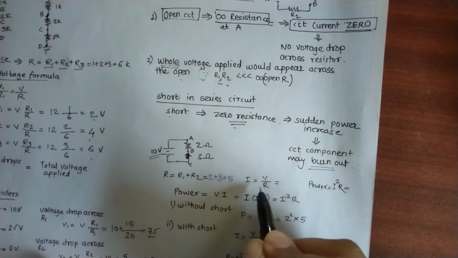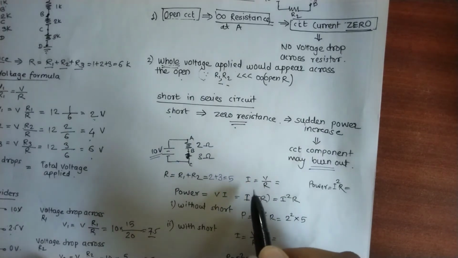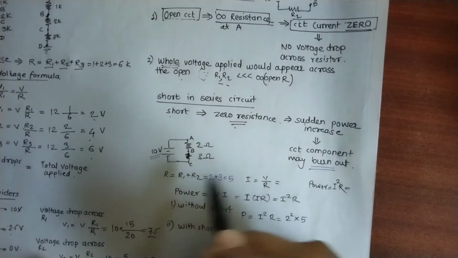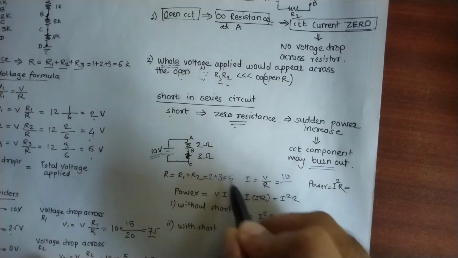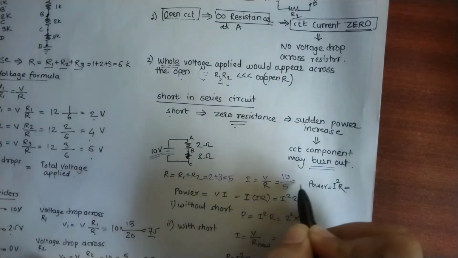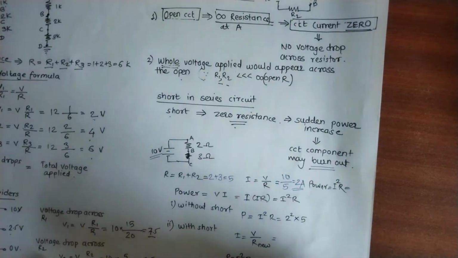Next, we know Ohm's law, V is equal to IR, so we can write I is equal to V upon R. What is V here? 10 divided by R total, which is 5. So we can say 2 ampere, right?